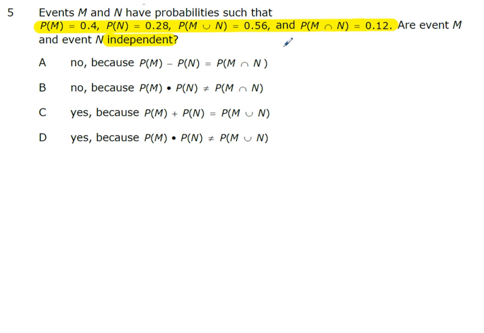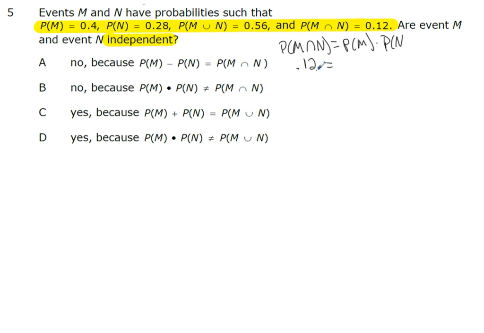So if they're independent, then the probability of M and N is equal to the probability of M times the probability of N. In this case, we know what the probability of M and N is. It's 0.12.